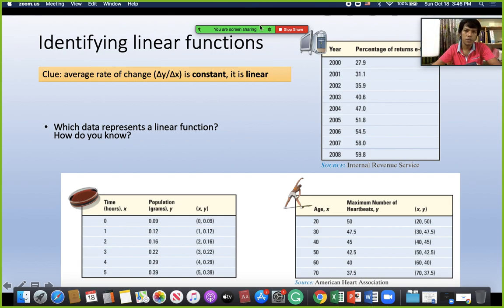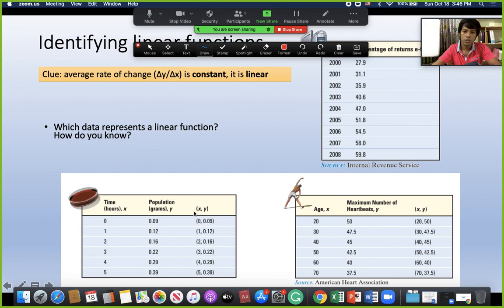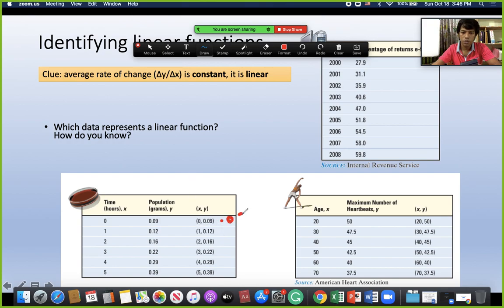Let me write it here. 0.03 for these two values. Then for these two values also, 0.16 minus 0.12. The answer is 0.04. So if you take these two values, it comes to 0.04.